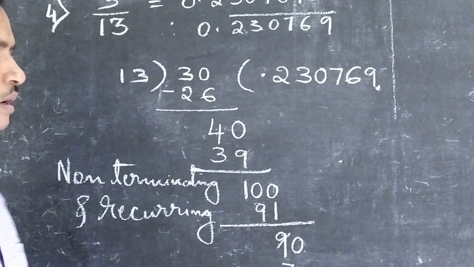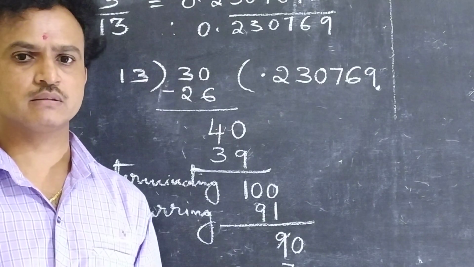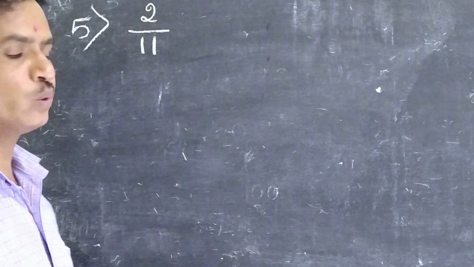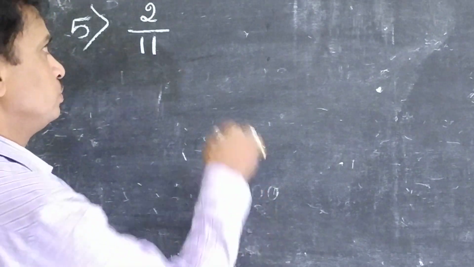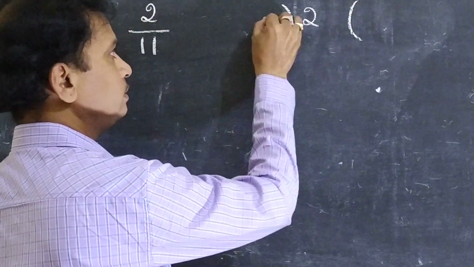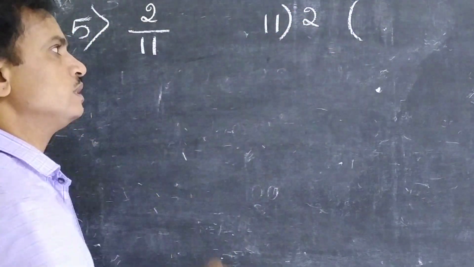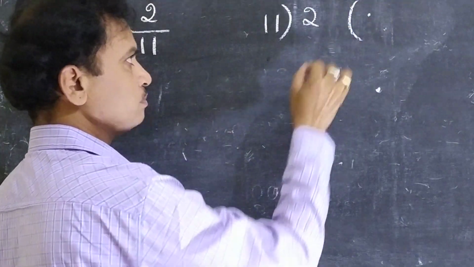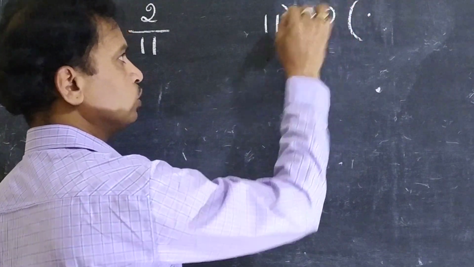Non-terminating and recurring decimals. 2 by 11, here numerator 2 is there, denominator 11. So we should divide 2 divided by 11. So here 2 is less than 11. So we have to put the point, that is decimal point. Then we can take 0 here.